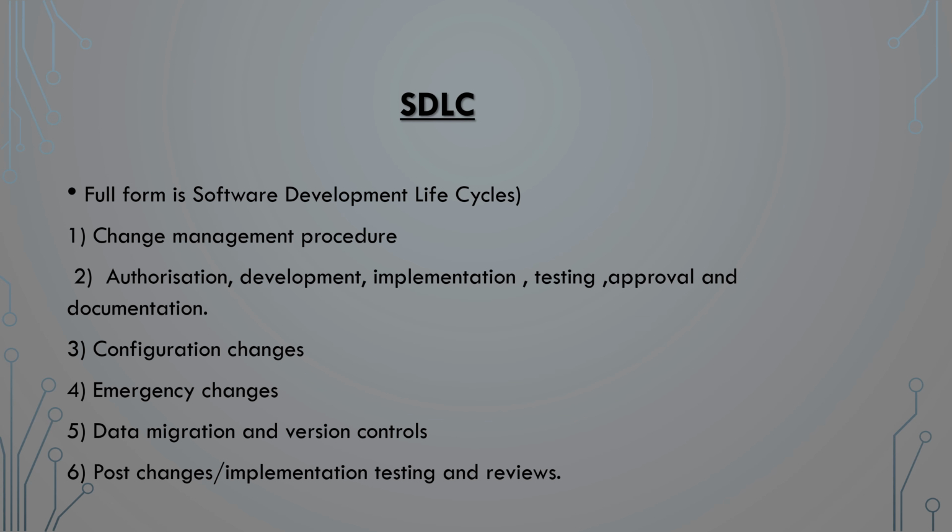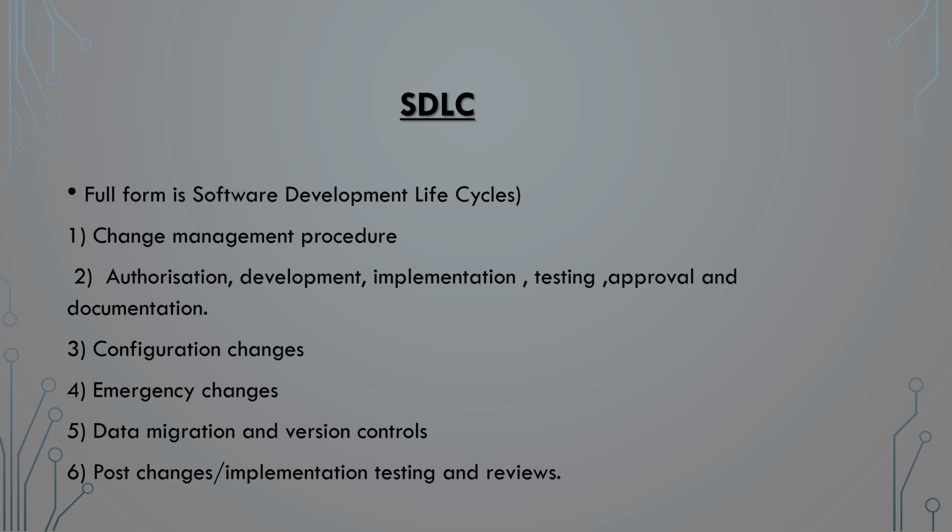Next is the SDLC. SDLC is software development life cycle. So SDLC comes into the picture when the client has asked us to firstly develop and then implement a new software for the organization. So during the processing, first we have to check the change management procedures.